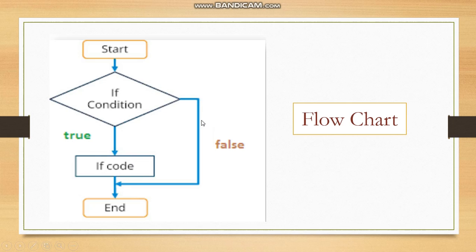And if the condition is false, then it will directly switch to the next instructions that come after the if block. It means it will skip all the instructions written under this if condition, because the condition is false. If your logic or condition is satisfied, then only the instructions written under the if condition will execute.